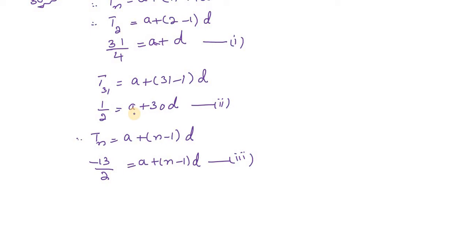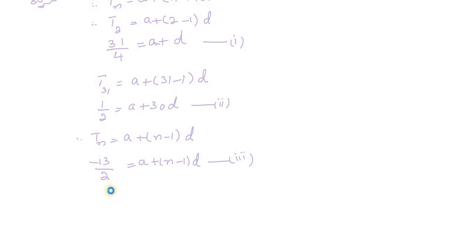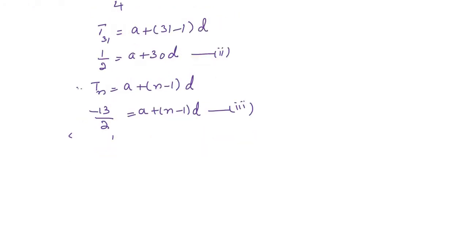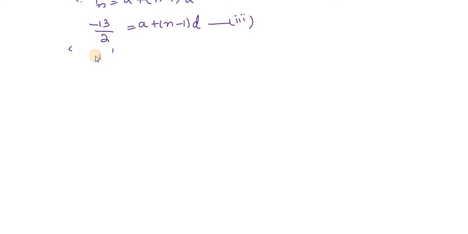If we subtract equation number 1 and equation number 2, we eliminate A. So, equation number 1 minus equation number 2 gives, here equation number 1 is A plus D is equals to 31 upon 4, and equation number 2 is A plus 30D is equal to 1 upon 4.